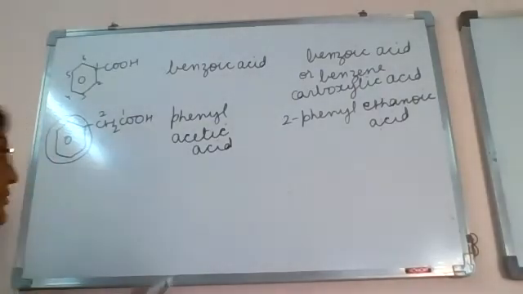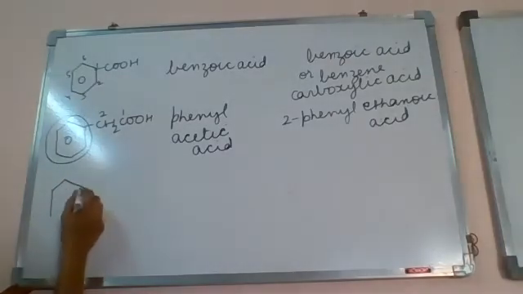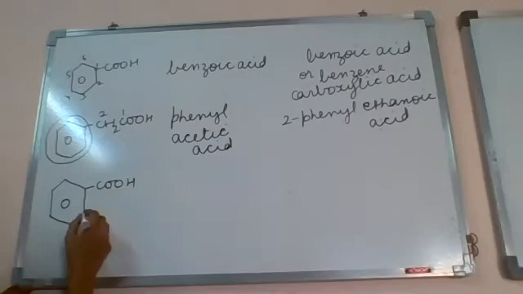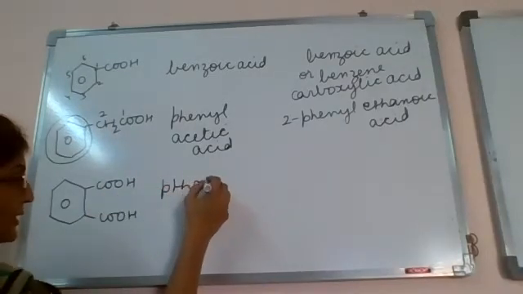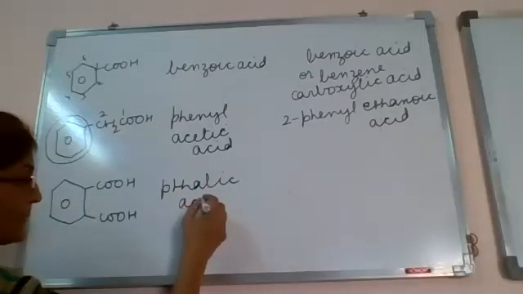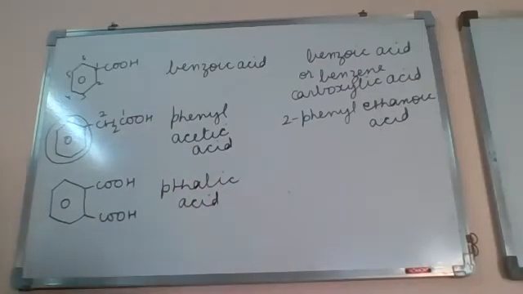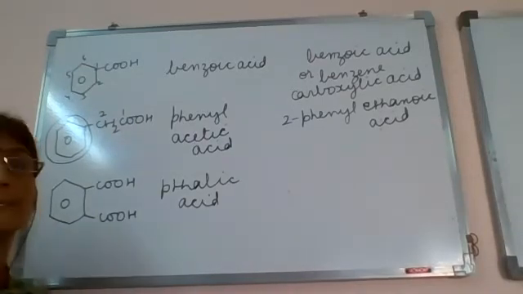Okay? Next, very important. 2 COOH groups are there at ortho position. This is known as phthalic acid. P silent hota hai. It is called phthalic acid. Phthalic acid is also useful for preparation of many types of polymers.